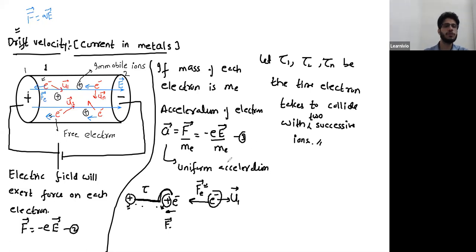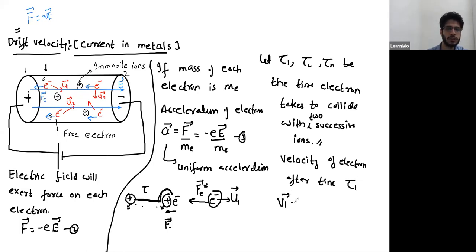So what was the initial velocity of the first electron, Fatma? U1. And what's the acceleration? A. Okay. So can you calculate the velocity of the electron after time tau 1? After time tau, can I write this as V1 is U1 plus A tau 1?